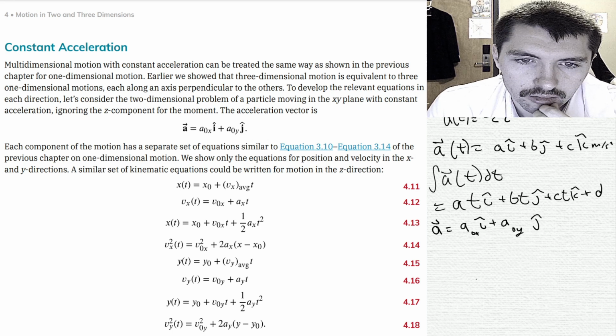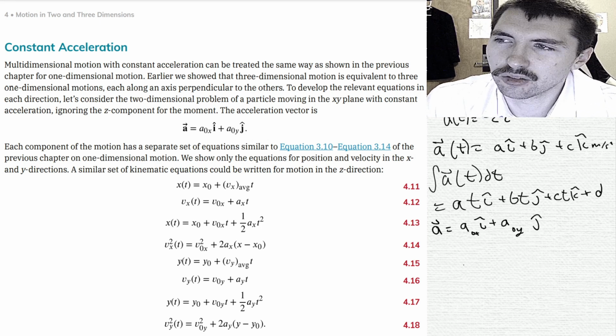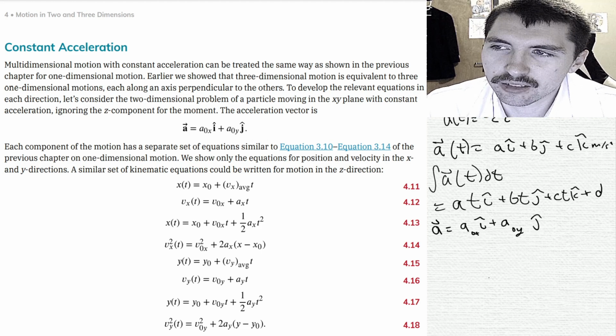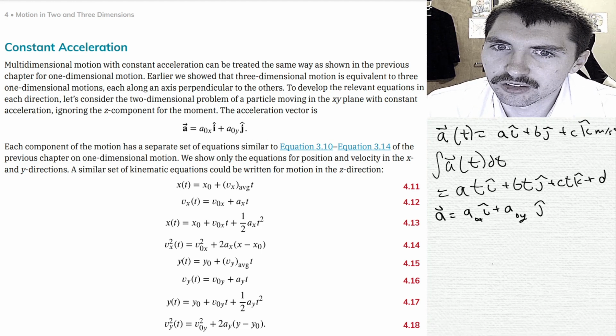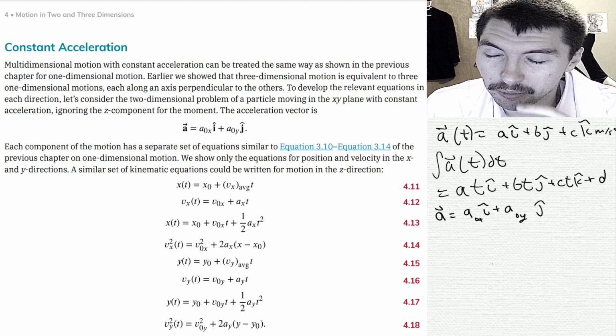Each component has a separate set of equations, similar for each. We show only the equations for position in the XY direction. Z direction. Okay. So I'm thinking they're using the X axis as a pivot, so it'd be XY or XZ. But maybe not. Maybe they do YZ.